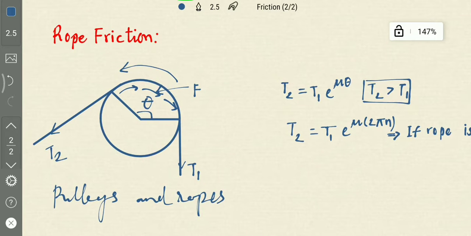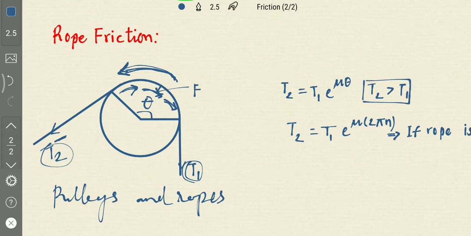So if you see here, the pulley is rotating in anti-clockwise direction, and these are the tensions T2 and T1. We have seen that frictional force acts in a direction opposite to the direction of motion. So this is the direction of motion of pulley, and frictional force acts opposite to the direction of motion of pulley.